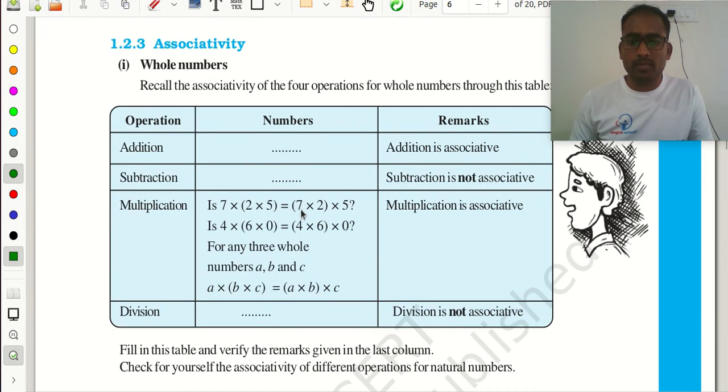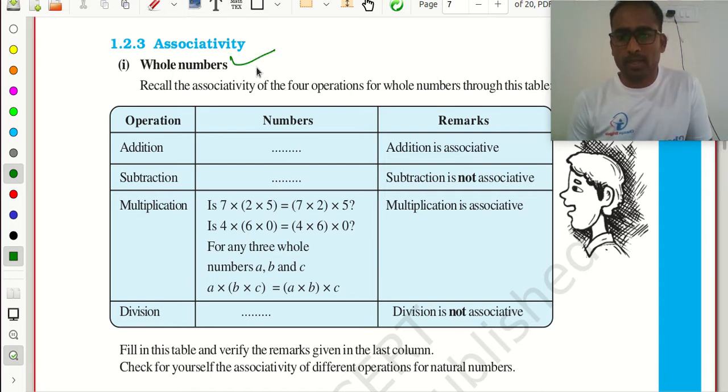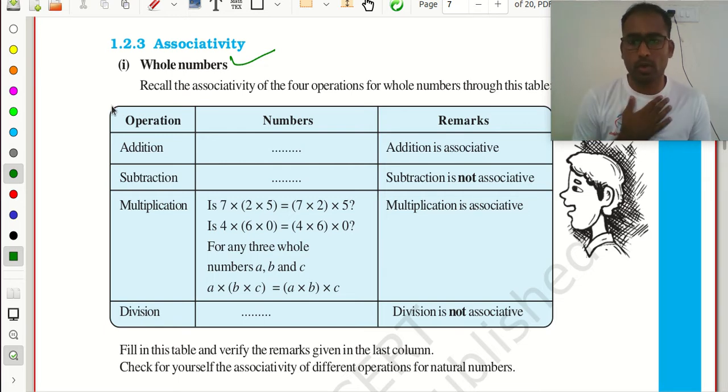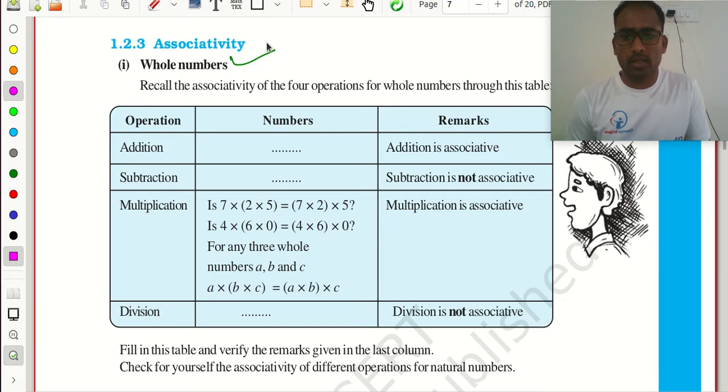Clear now? Next, in this way we need to check the associativity property for whole numbers, integers and rational numbers. Before doing this, we need to know what an associativity property is, under addition, subtraction, multiplication and division.